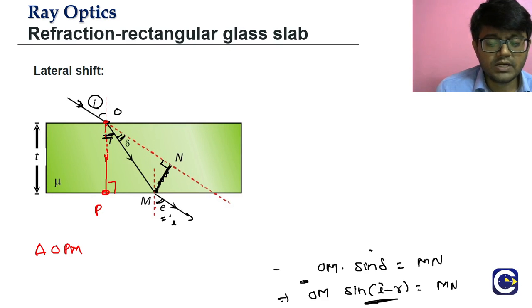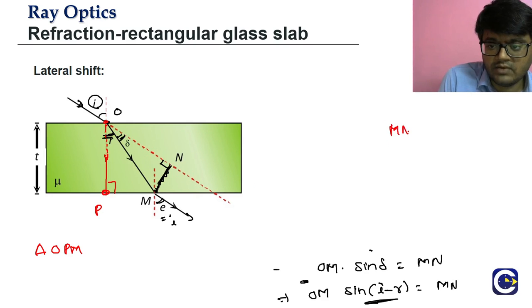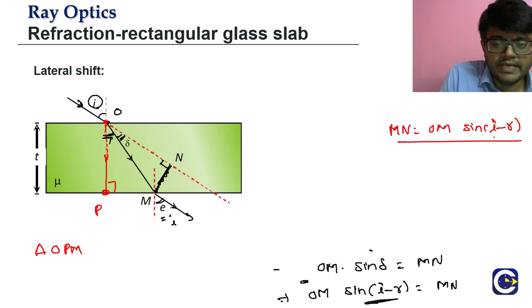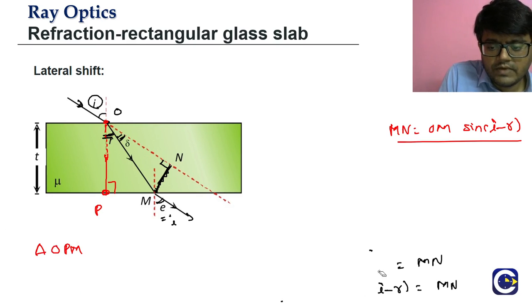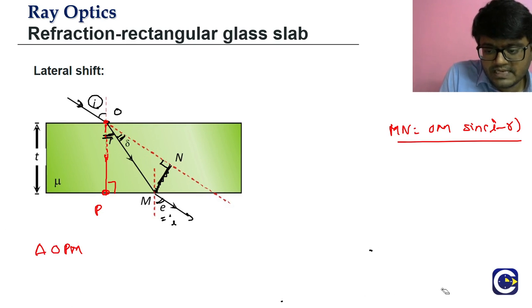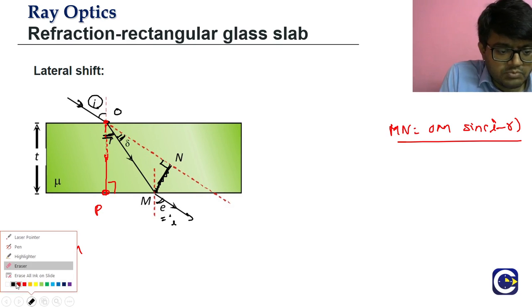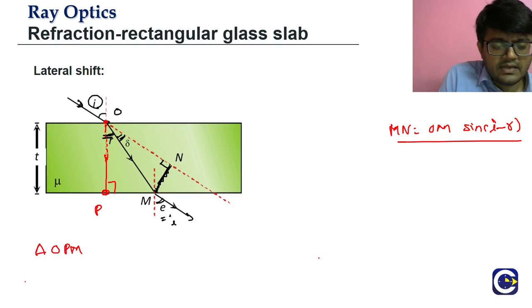Here we write down the expression we got: MN equals OM into sine of I minus R. Now we are looking to find the value of OM, because if we get OM, we have our answer for MN, the perpendicular distance between both these parallel lines. In triangle OPM, it's a right angle triangle.